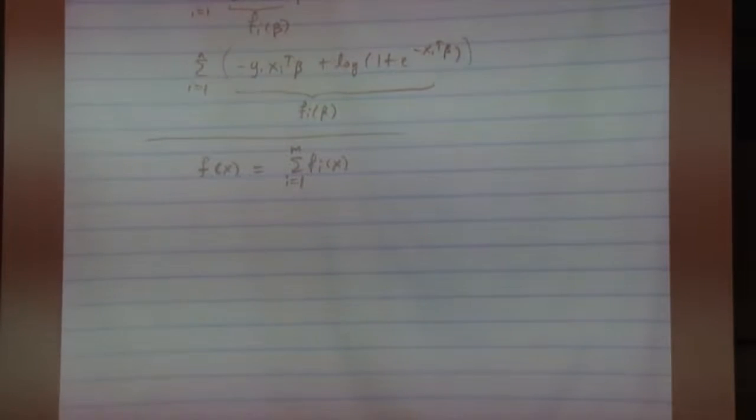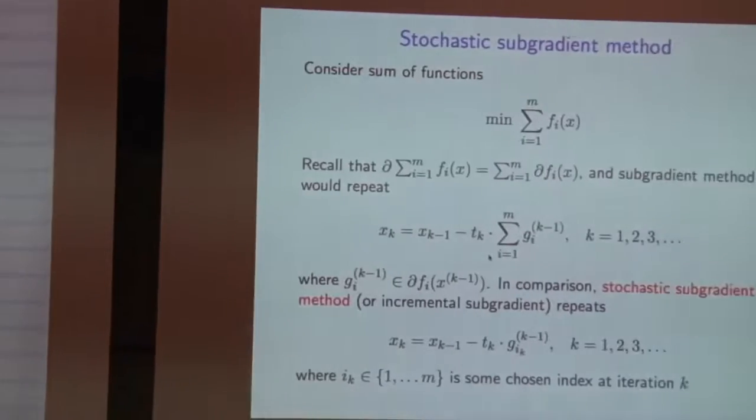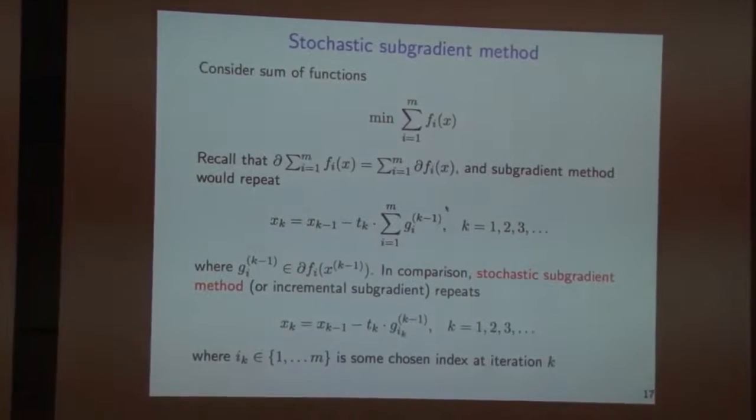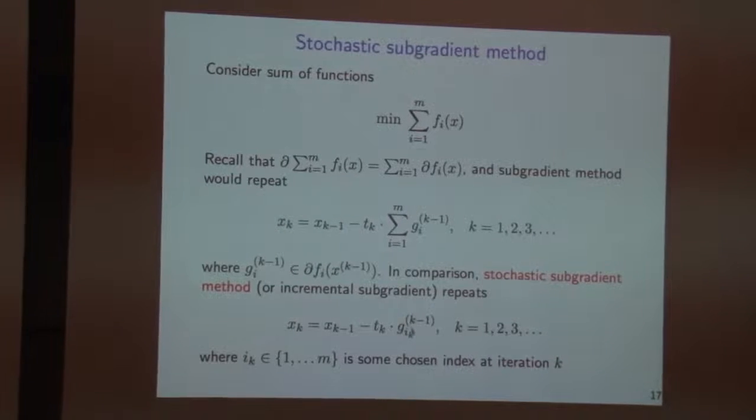So the motivation is that this could be very expensive to compute. There's an alternative approach called the stochastic subgradient method, or incremental subgradient method, which instead of computing the sum, just takes one of these subgradients.